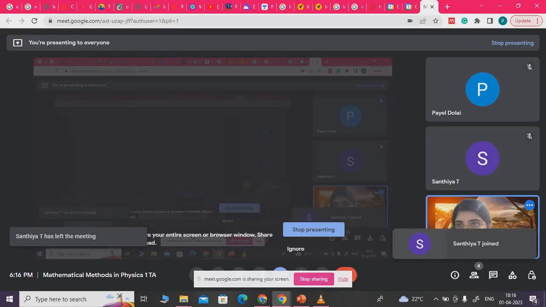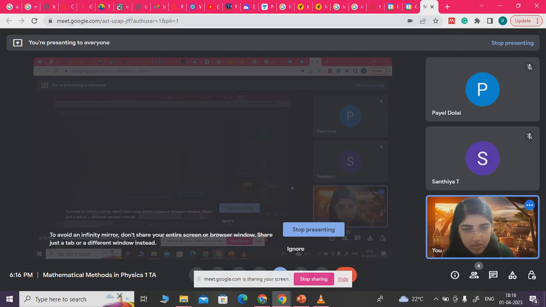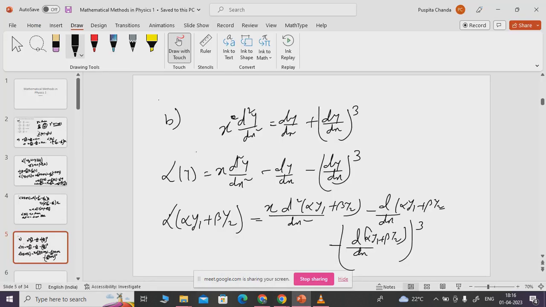From the previous example, we know this part of the operator doesn't have any problem. It will come as alpha x d2/dx2 y1 plus beta x d2/dx2 y2 minus alpha d/dx y1 minus beta d/dx y2.